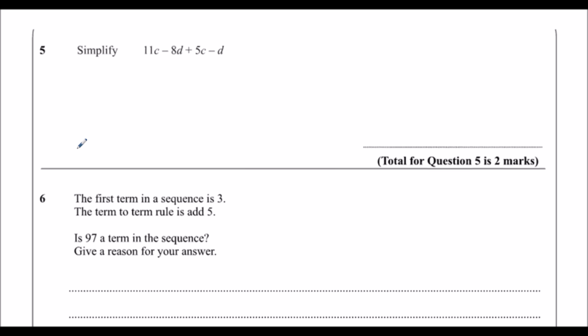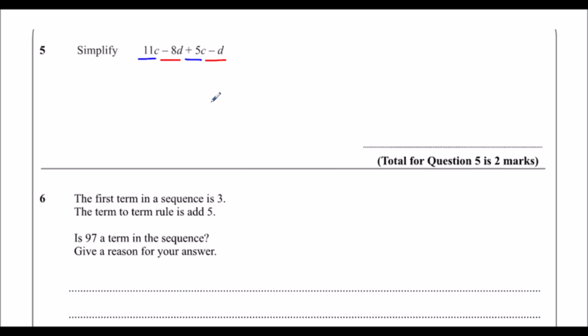Question 5, simplify. So we're collecting the like terms. We can only add C's to C's, and we can only add D's to other D's. So for our C's, we've got 11C, and we're always taking the sign from in front. So 11C plus 5C. And for our D's, we've got negative 8D, take away another 1D.